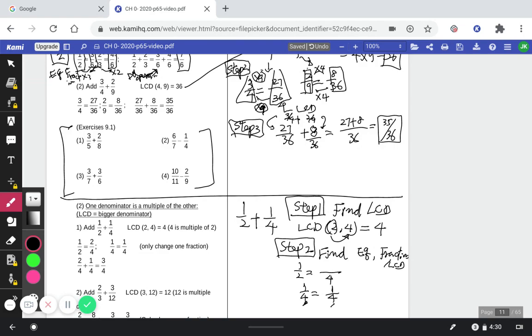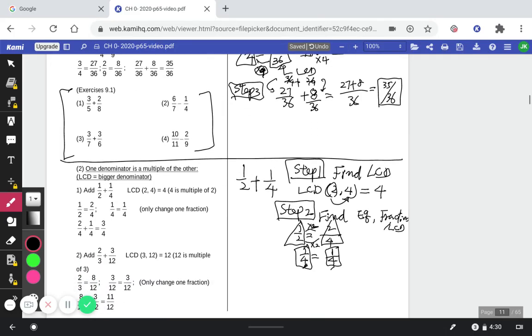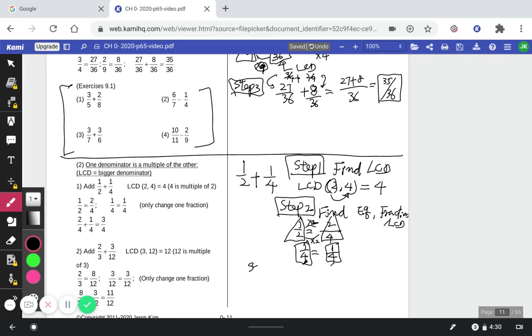You can just take that 1/4. Now 2 needs to be multiplied by 2 to become 4. You also multiply the numerator by 2 to get an equivalent fraction. So 1/2 is the same as 2/4, and 1/4 is 1/4. Okay. So now in step 3, find the answer or do the operation.